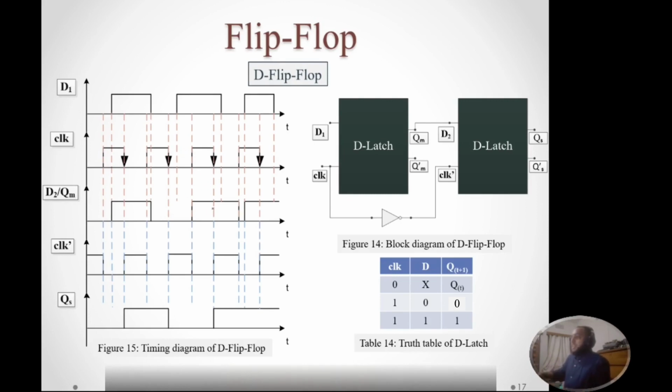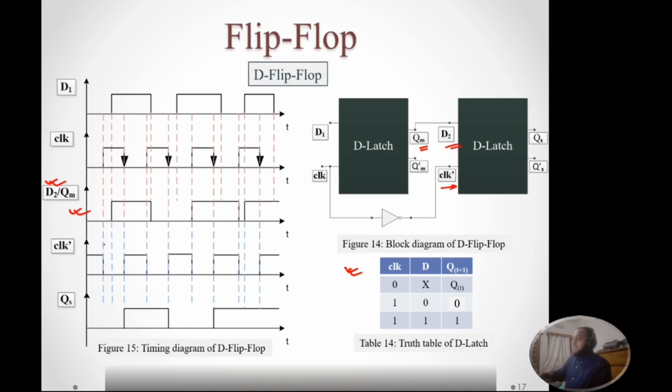Similarly, you can draw the output for the first D latch using the truth table, and if you draw, you will find the timing diagram like this, and we can see this output is connected to the input of second D latch. That means this is D2, and this clock signal is connected through an inverter to the clock of second D latch.